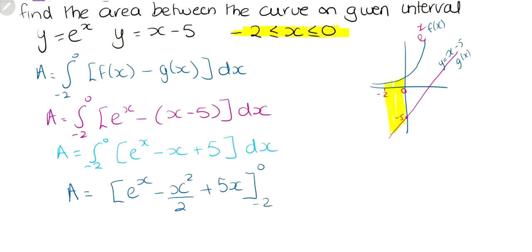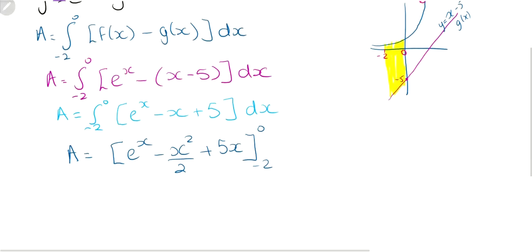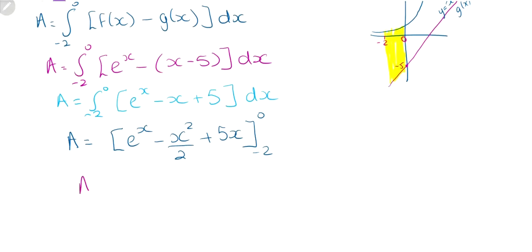Now you may be tempted to put this straight in your calculator using the integration, but we want to leave our answer in terms of e. So we need to substitute. So let's substitute first of all for 0. We have e^0 - 0 squared divided by 2 plus 5 times 0.